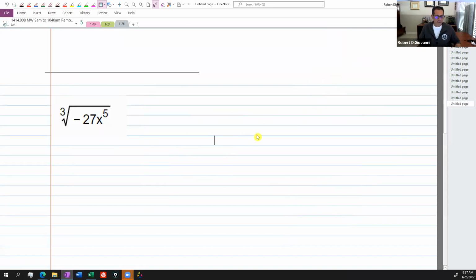So here we have an expression, we're trying to simplify this. I want to point out that this is the cube root of -27 times x to the 5th. First thing I'm going to do is split this up into 2 radicals.